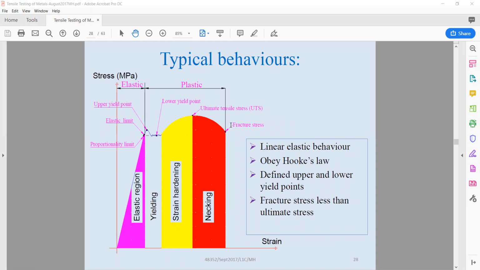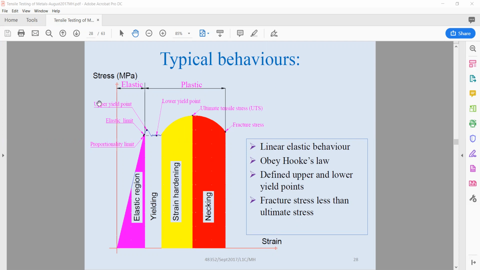As the test progresses, the sample passes through a series of steps: the elastic region, then yielding, then it starts to go into a strain hardening region. It reaches maximum force, then starts to give up, and that is where you physically see the cross-section is reduced.